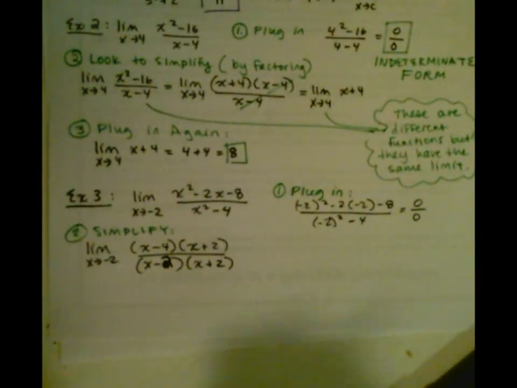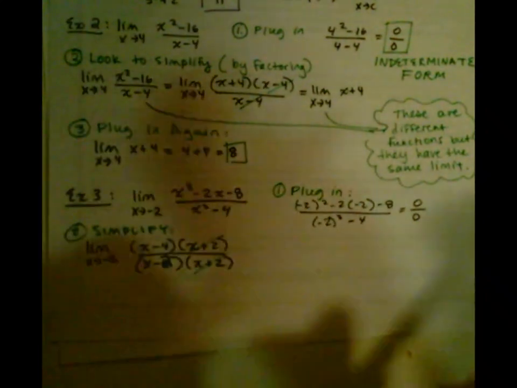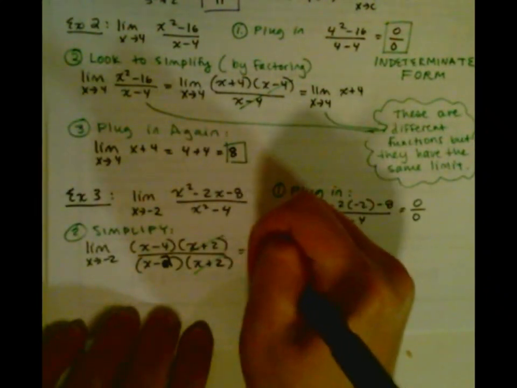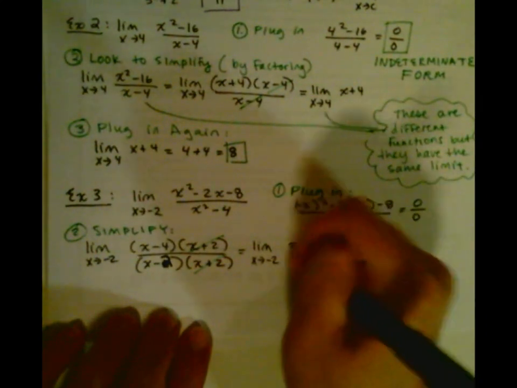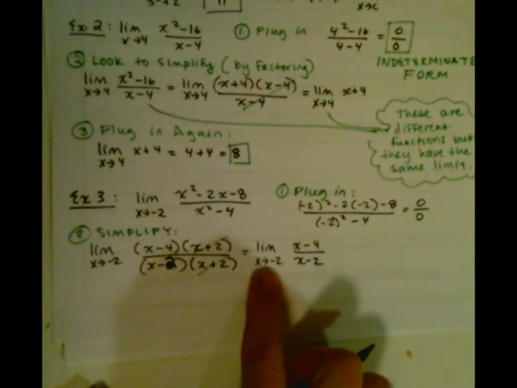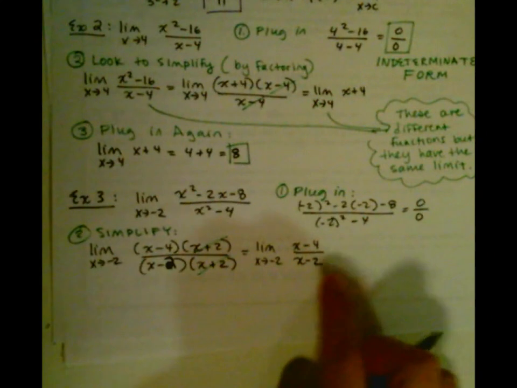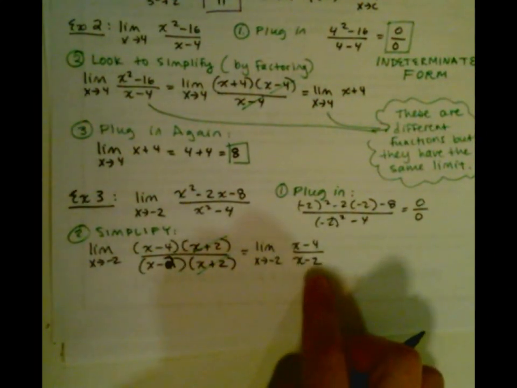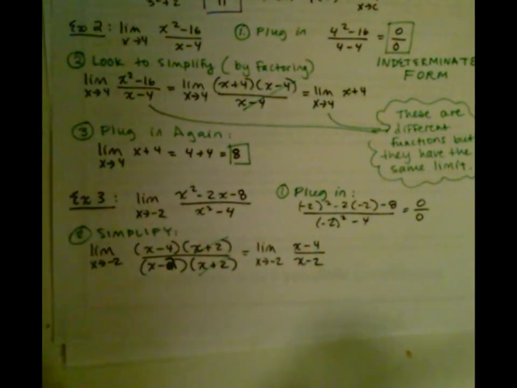There's an x plus 2 that cancels. So now I have the limit as x goes to -2 of x minus 4 over x minus 2. And I'm hoping then that when I plug in -2 to this new function, I'm not going to get 0 over 0 anymore. Now I'm going to get an actual value.